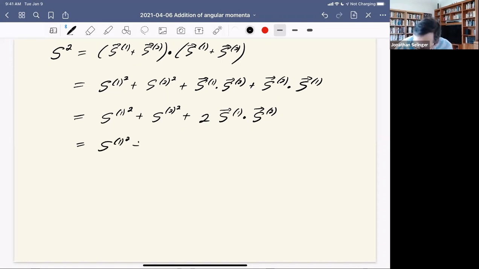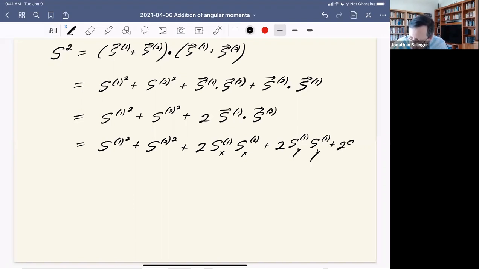So that's S1 squared plus S2 squared plus 2 S1x S2x plus 2 S1y S2y plus 2 S1z S2z. Whoops, excuse me, that's a 1.